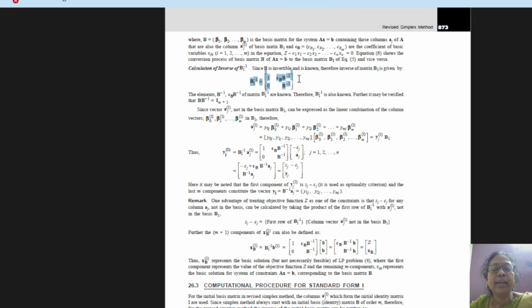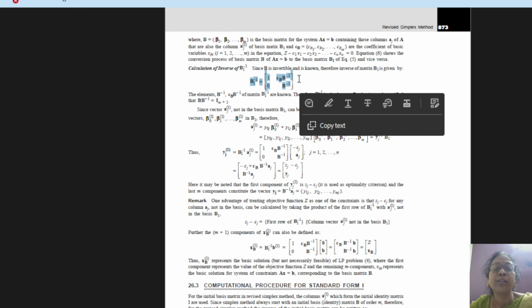No need to calculate all the column vectors as we have done in the simplex method. So this is a simplified and advanced method. Using elementary row operations, we can calculate only the inverse of this B1, that is B1 inverse.